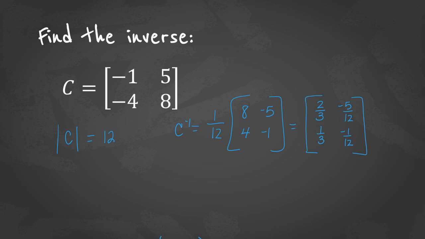Okay, and again, we should be able to multiply that out and get the identity matrix. And we do.